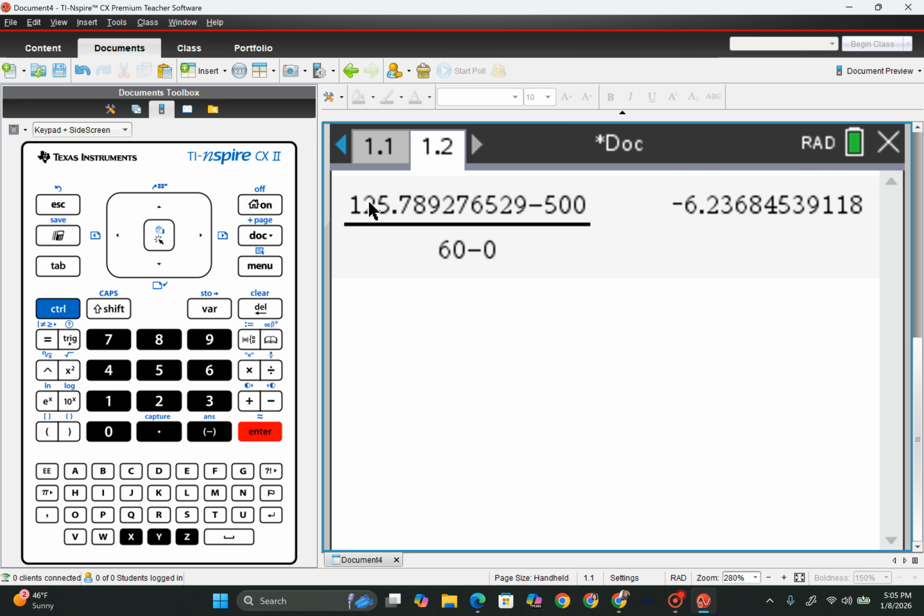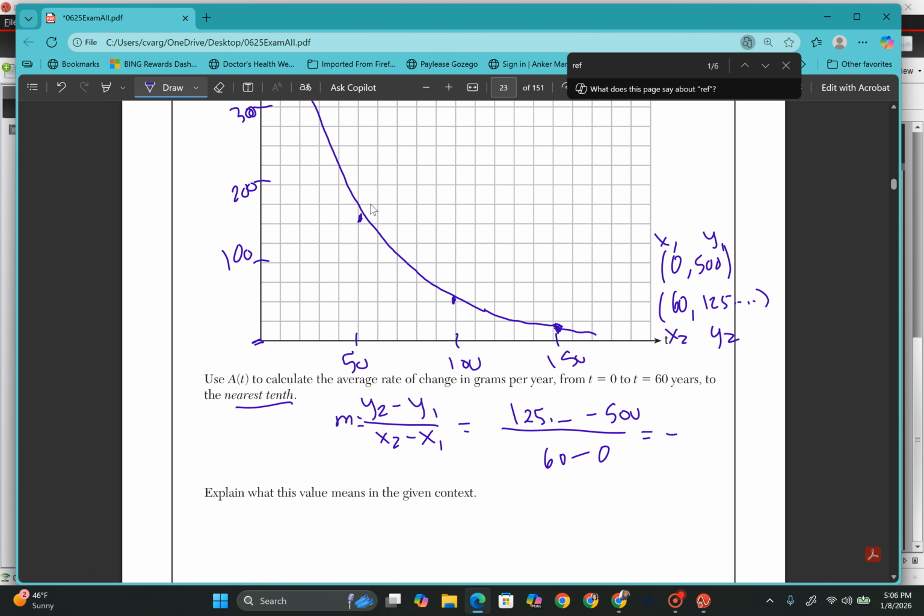And I'm going to get an answer. This is my slope, negative 6.24. What is it asking me to round to? To the nearest tenth. So our slope is going to be negative 6.2. I'm rounding it to the nearest tenth. There we go. That's it.